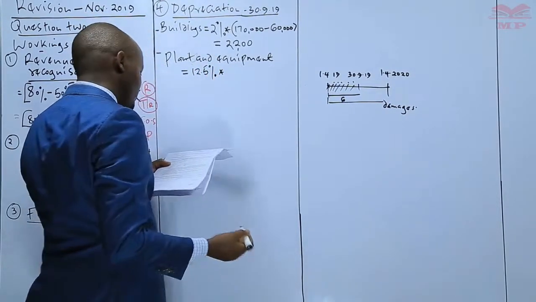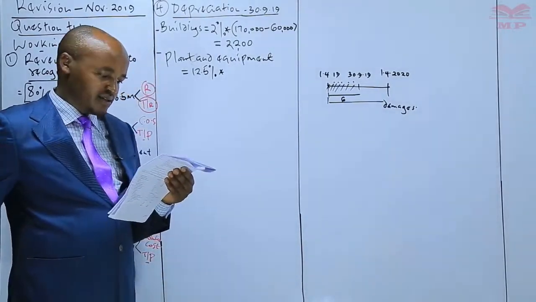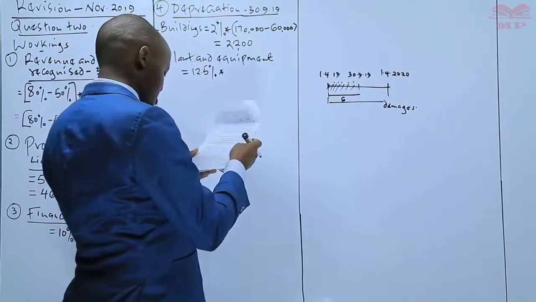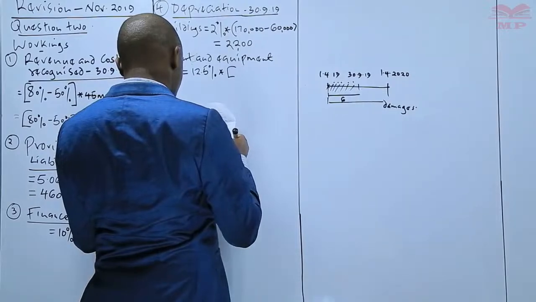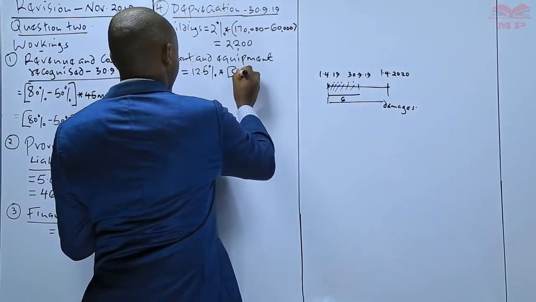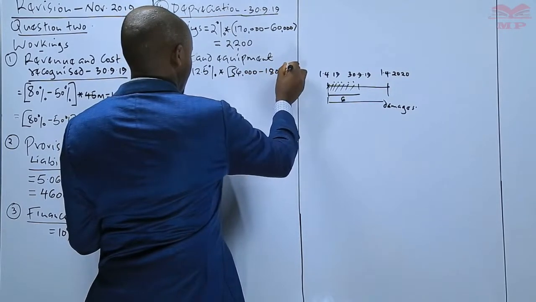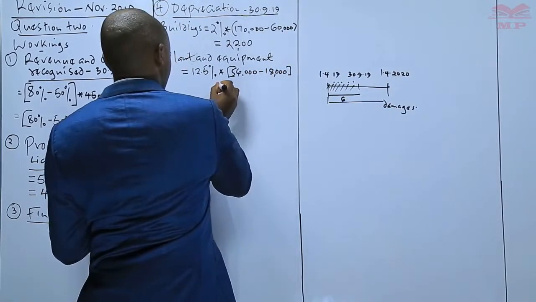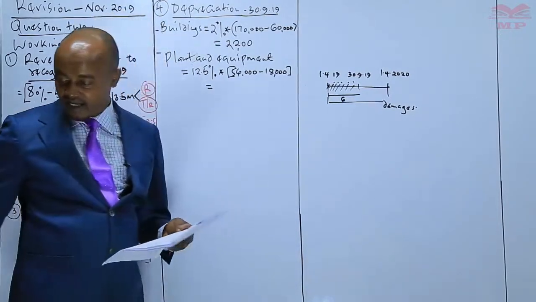Of the net book value, because it is computed using the reducing balance basis. So we take the cost. If we go back to the trial balance, the cost in our case for plant and equipment is given as 56, and then we less the accumulated depreciation, which is 18,000. And then we get the depreciation for the current year.